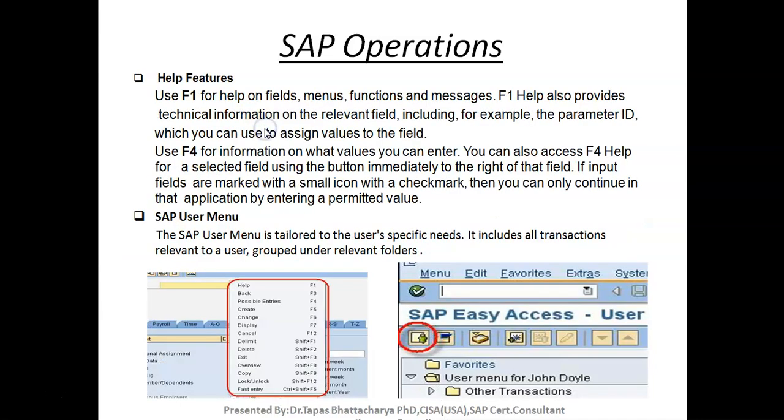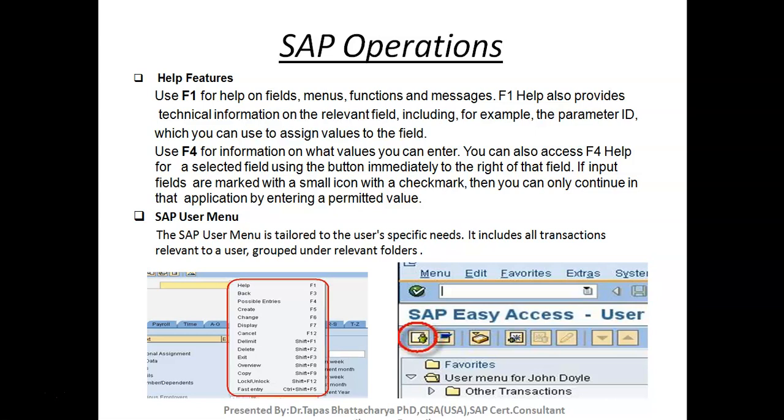Now if you move on to the next slide, which is called SAP Operations, some features. Then help. SAP has an inbuilt feature, F1, for help. If you click on any field of any screen, and press F1, you can have a detailed look at that particular field.